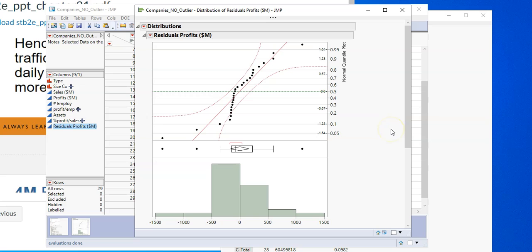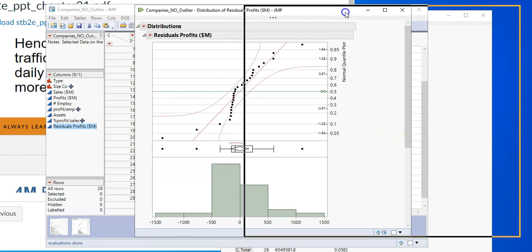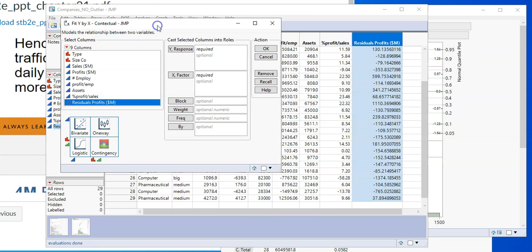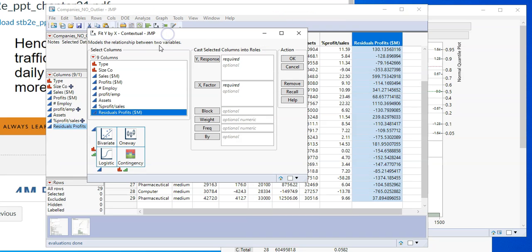What else should I check? There's another thing I should check, and that's the residual scatter plot. The residual scatter plot is not here, so I'm going to create it by going to Fit Y by X. My DV is, instead of profit, I'm going to use the residuals of profit. Again, let me explain it and write it down.